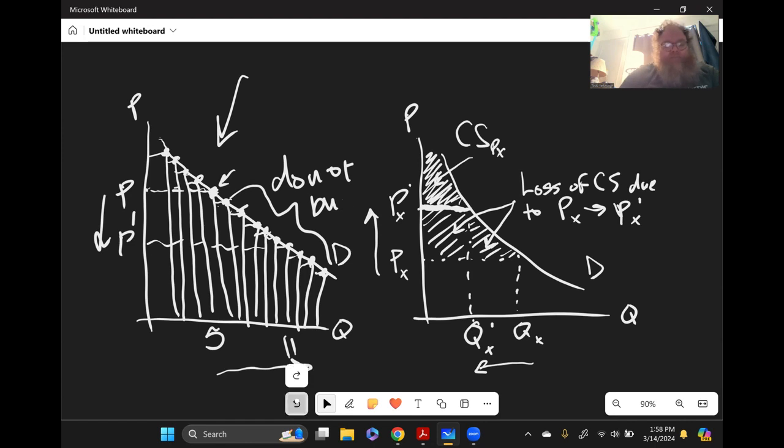Then, of course, what happens is that the market price falls to P star. Now the reservation price is here, and there are still people who don't buy the good, in this direction of the demand curve, but it's far fewer people because the market price has fallen. That means a lot more people's reservation prices are equal to or greater than the market price, and so a lot more people buy the good.